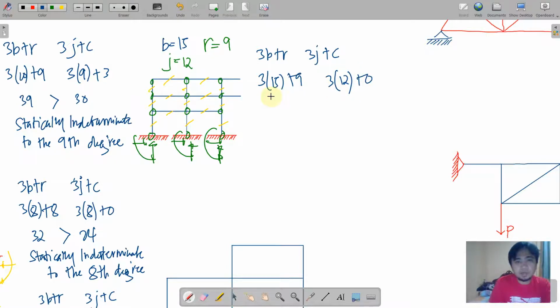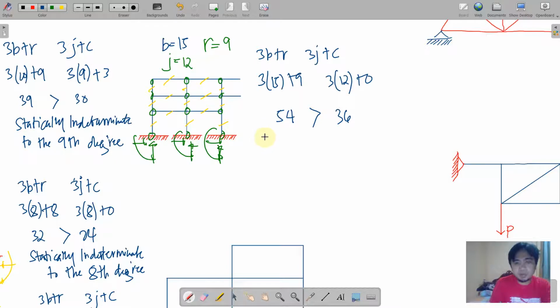So 15 times 3, that is 45, plus 9, that is equal to 54. And obviously this is 36, okay? So we have 54 is greater than 36. So 54 minus 36, that is 18.